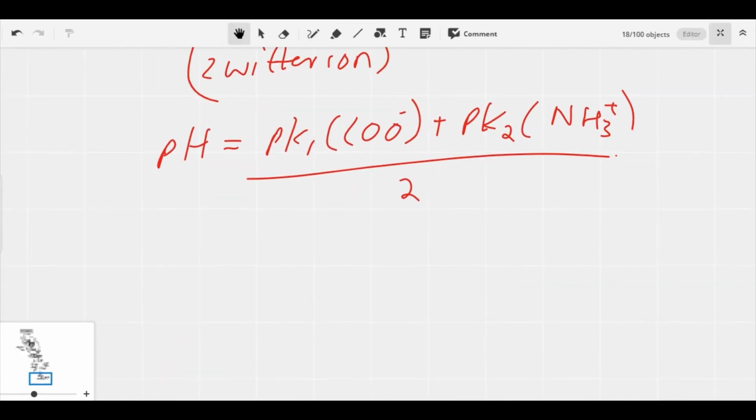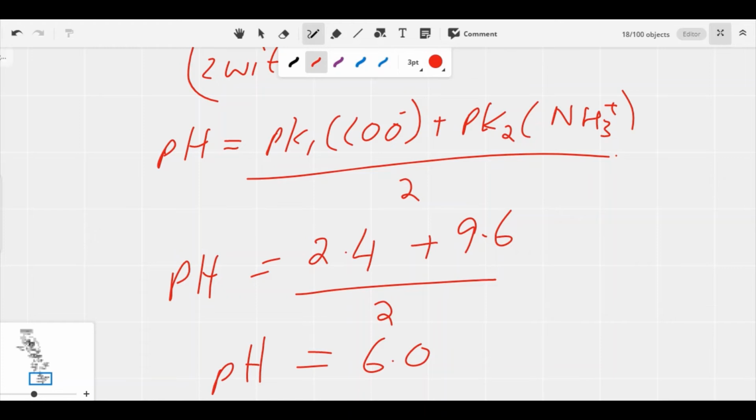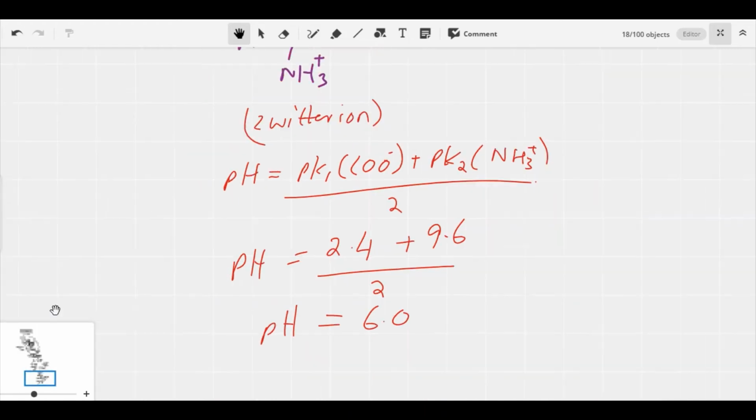So the pH will be the pKa of carboxylate, that is 2.4, plus pKa2 of the NH3 group, that is 9.6, divided by 2, which equals 6.0. So that is the pH for the leucine. Okay, so these are the physical properties of amino acids.